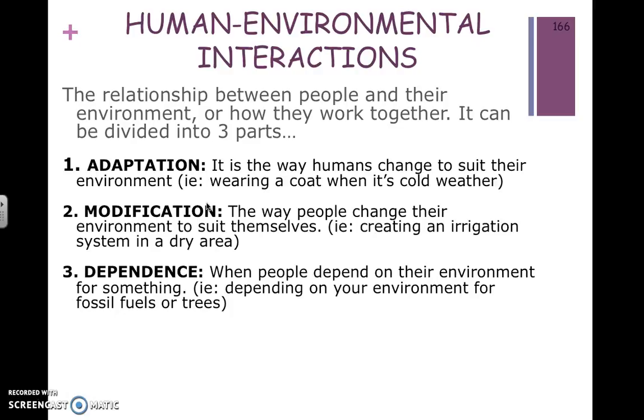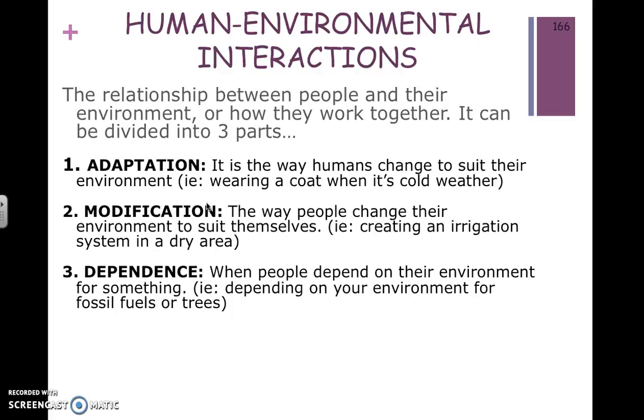The last one is dependence. This would be when humans obtain something from their environment that is essential to our lives. The best one to think about for how this is applicable to geography is our over-reliance and dependence upon fossil fuels, which are a non-sustainable or non-renewable resource that we have been utilizing ever since we went through the process of industrialization.